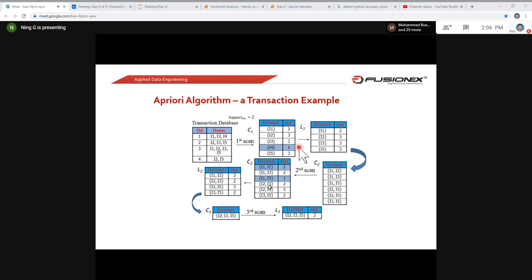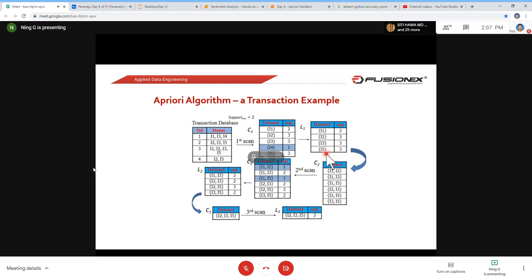One only, it does not have another transaction, right? So at least this item needs to be bought in 2 transactions to have this correlation, right? So that's why the 1 transaction got wiped out. So that's why you can see the item set here only has 1, 2, 3, and 5. It does not have item number 4.